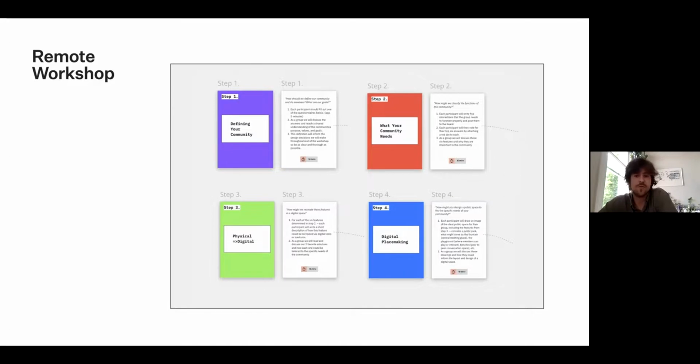And then step four was about taking these different interactions and features and figuring out how they would fit together, how they would function, and how they would want an actual physical space or a digital space to function in the way that their traditional physical spaces did.